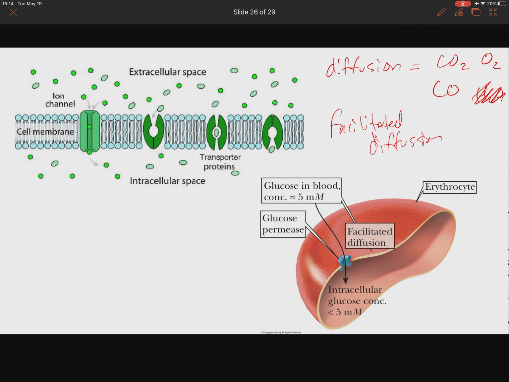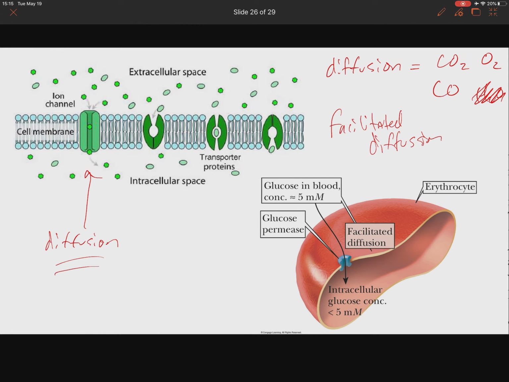Now, a transporter protein can be two types. There can be an ion channel, and this speed is roughly the rate of diffusion. So if there's a high concentration gradient on the outside, then it's going to go fast. If it's not a big difference, then it might go slow. But this is a fast type of transport that requires no energy. There's a slower facilitated diffusion, and that involves a transporter protein.